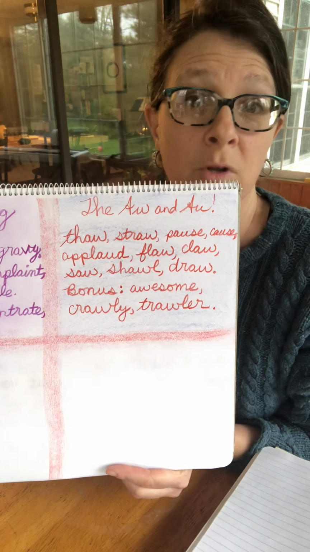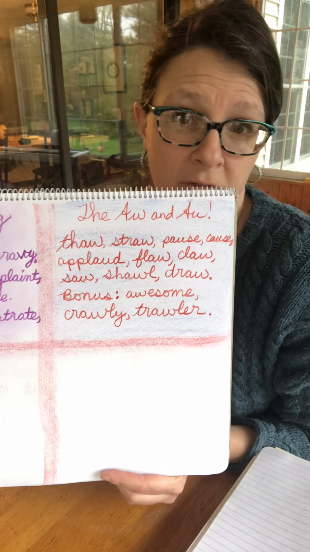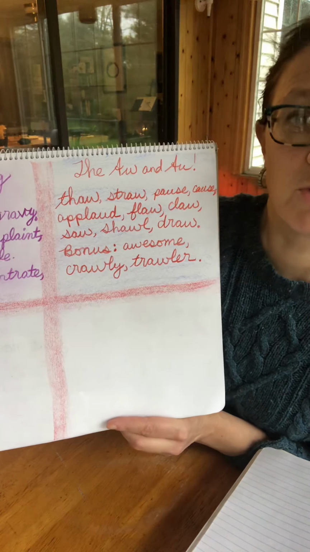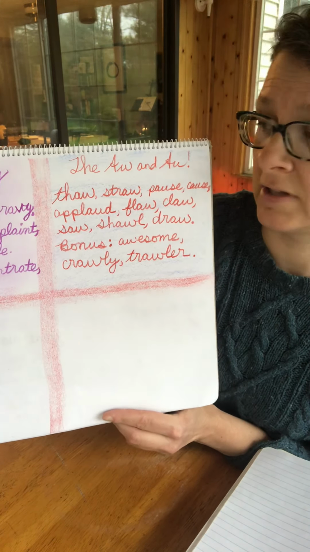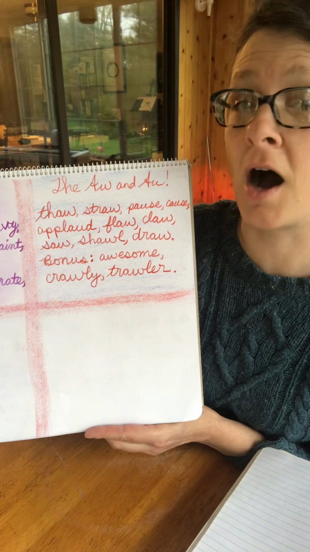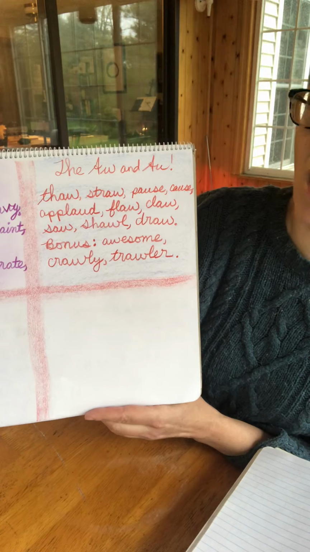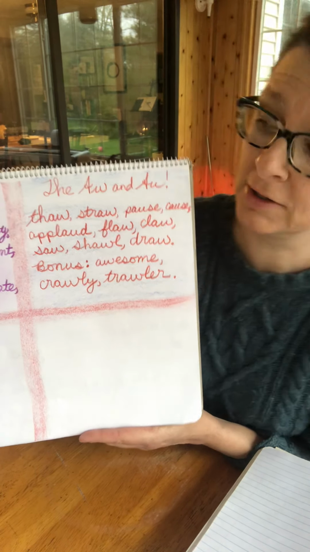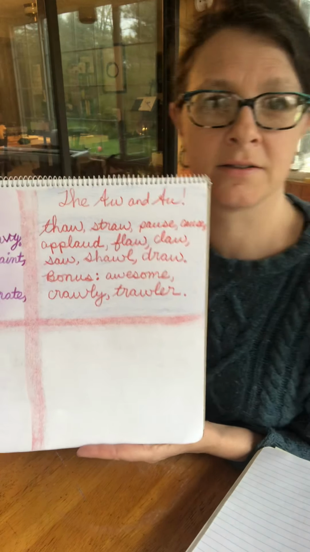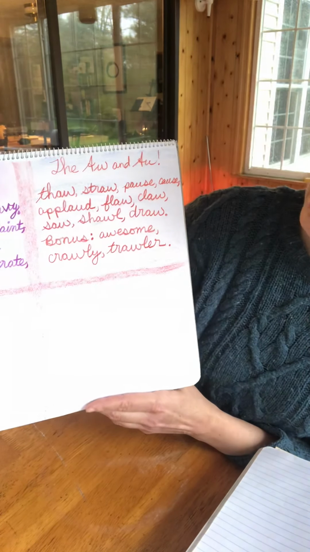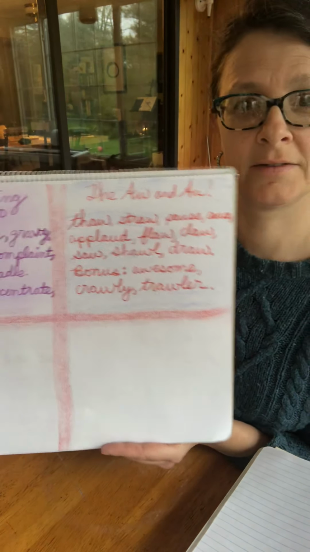I gave it to you and we drew the picture you just saw of the ice melting, the thaw. There it is. Straw is the other word we put in. Now comes a different ah sound, and it's AU. Pause, which is what I ask you to do with the video. Pause the video. Cause. It's also part of because. Applaud.